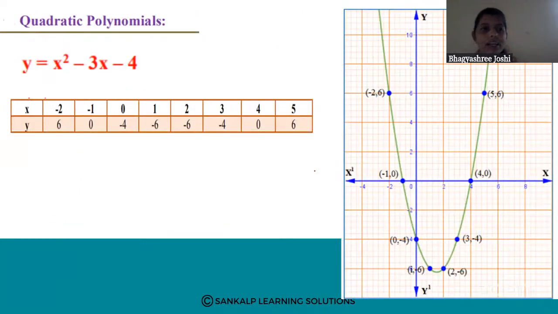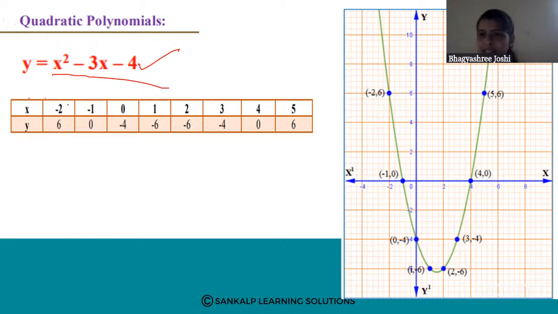Okay. So quadratic polynomial. Quadratic means x square minus 3x minus 4, right? So this is quadratic, power is 2.